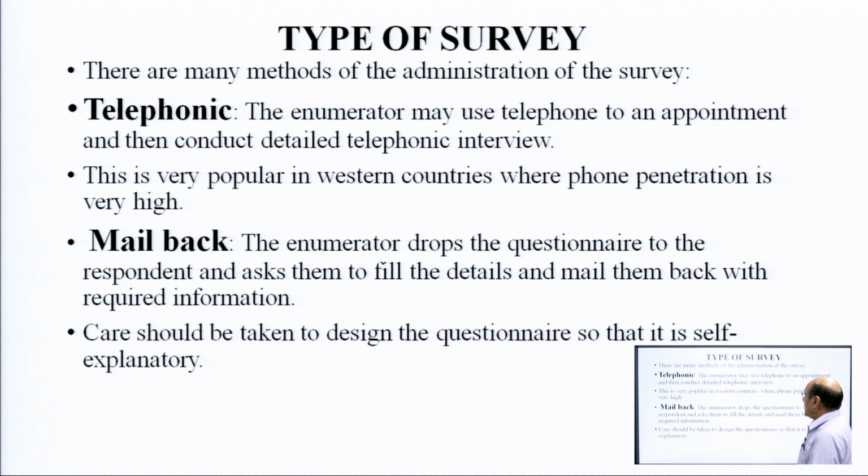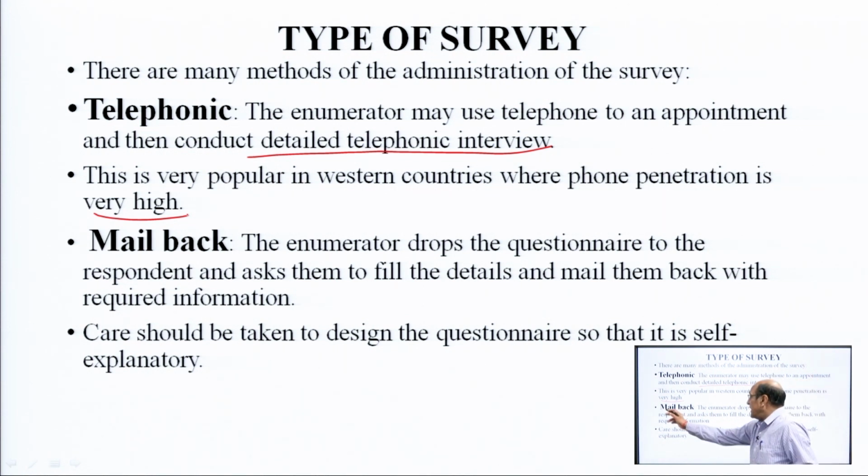The enumerators may use telephone to make an appointment and to conduct a detailed telephonic interview, means all matters are discussed on telephone. This is very popular in western countries, where the phone penetration is very high, but in a country like India it is not so useful.